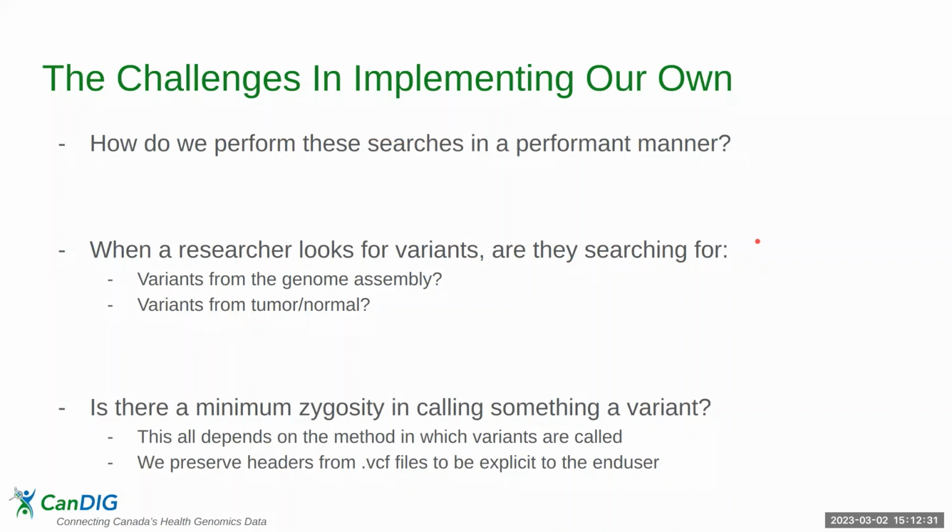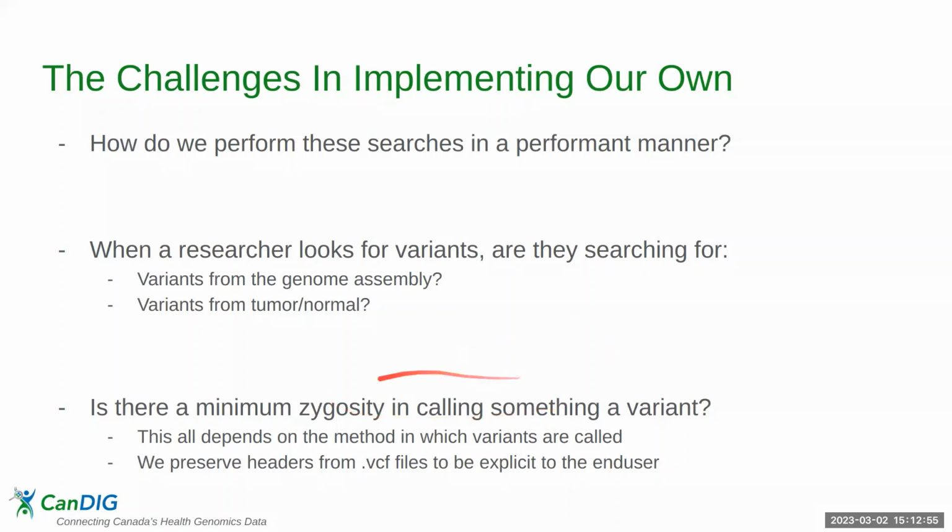In addition, we weren't totally clear, when researchers are looking for variants, are they necessarily looking for variations from the genomic assembly, or are they looking for variants from tumor selection or from their normal sample? And this wasn't quite clear to us after talking with some of the researchers.